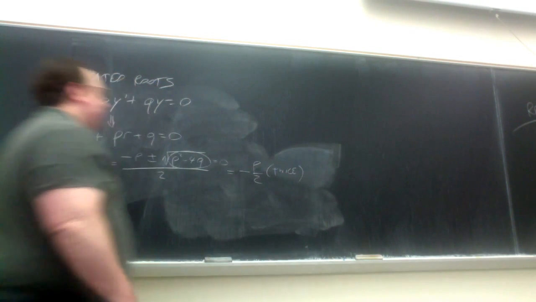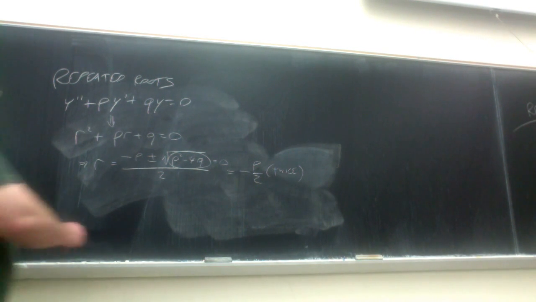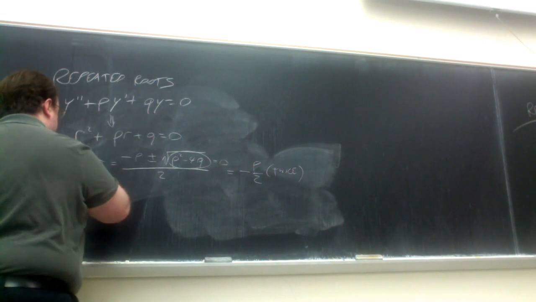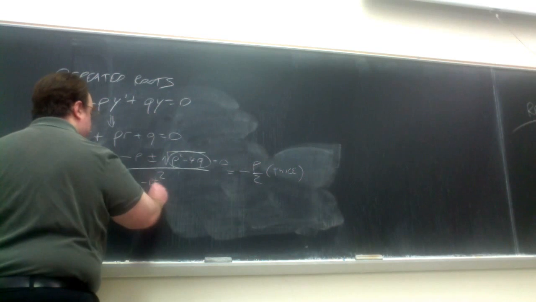both times. So now you think, okay, your solutions y1 and y2 would normally be e to the minus pt over 2 and then e to the minus pt over 2 again. Those don't describe all the solutions. So we have our one solution, y1 of t is e to the minus pt over 2.